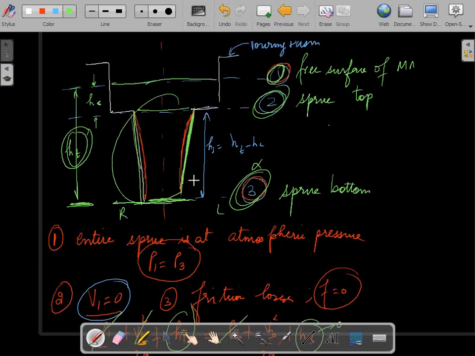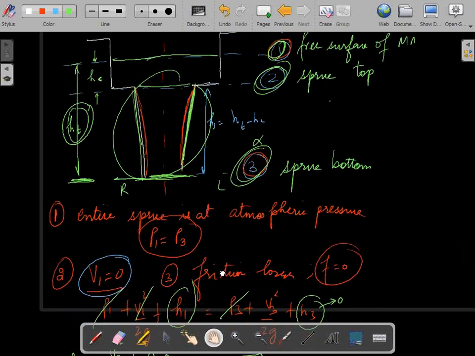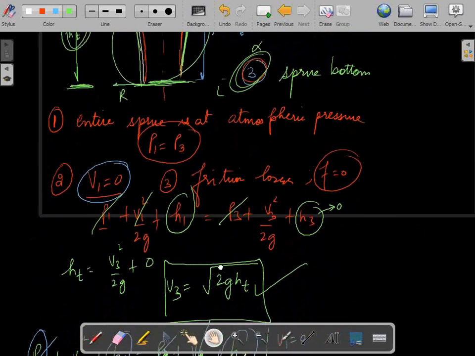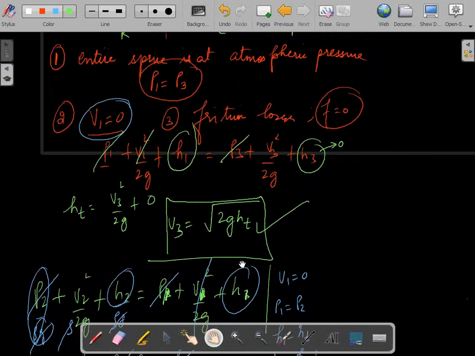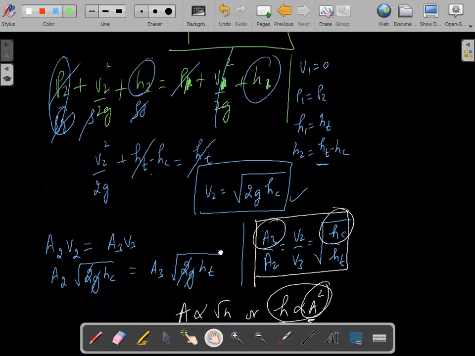So with this, the sprue should always be of a taper section. It should not be cylindrical. Why should it not be cylindrical? Can you analyze it?